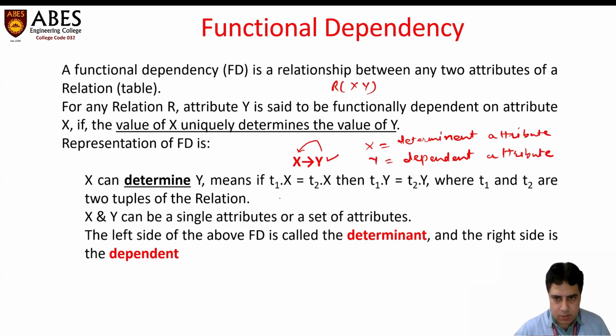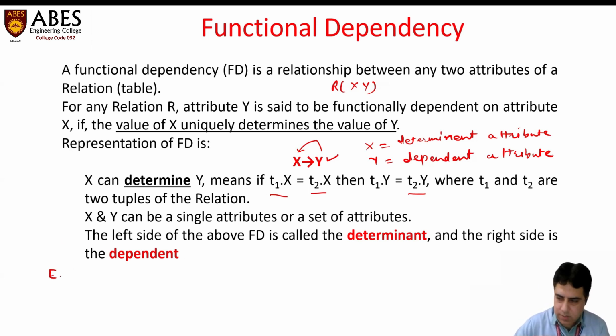To check whether a given table or relation satisfies the dependency, we have to check that if tuple 1 X equals tuple 2 X, then tuple 1 Y must be equal to tuple 2 Y, where T1 and T2 are two tuples of the relation. X and Y can be a single attribute or a set of attributes. The left-hand side of the functional dependency is called the determinant and the right-hand side is called the dependent attribute.